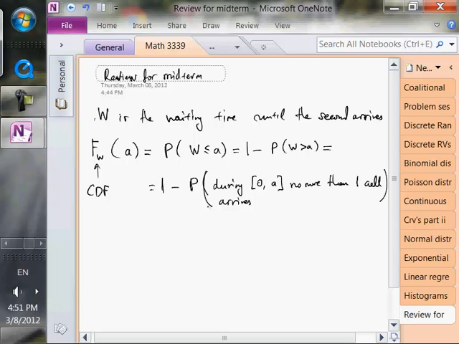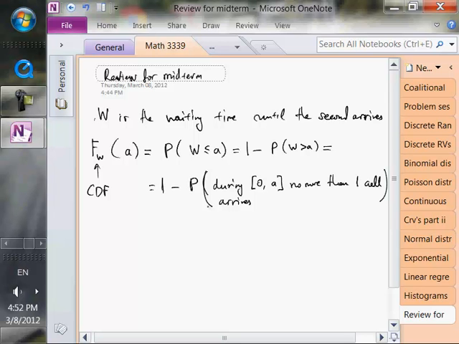Wouldn't it be, because this is a more general form, a minus 1 instead of just 1? In this case, it is 1. No, you know that the waiting time until the second call arrives exceeds A. So that means between 0 and A, no more than one call has arrived. Because if the second call has arrived, then the waiting time would not have exceeded A.